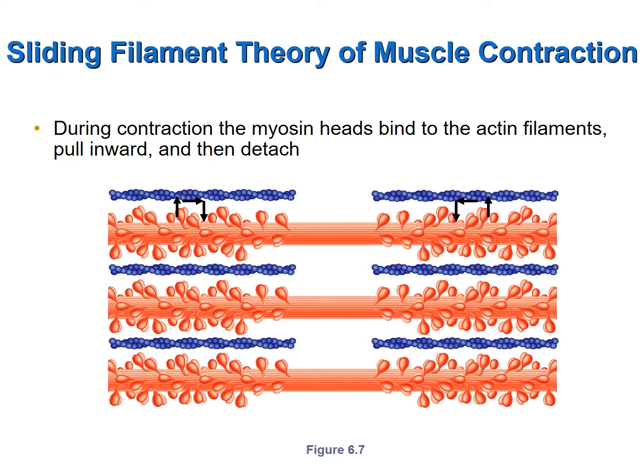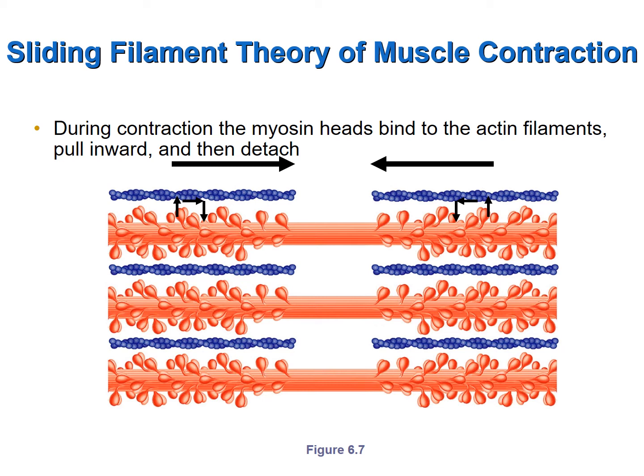These myosin heads do this over and over again wherever we have overlap between the actin and myosin filaments, and this causes the sliding of the thin filaments inward toward the center of the sarcomere.